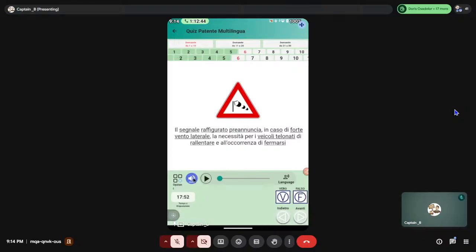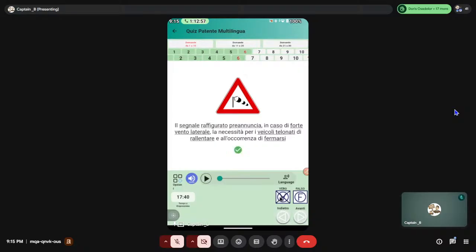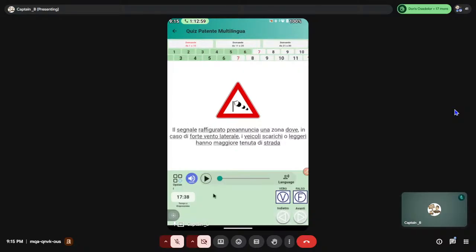Il segnale raffigurato preannuncia, in caso di forte vento laterale, la necessità per i veicoli telonati di rallentare e all'occorrenza di fermarsi. Vero. Jojo. John. Il segnale raffigurato preannuncia una zona dove, in caso di forte vento laterale, i veicoli scarichi o leggeri hanno maggiore tenuta di strada.